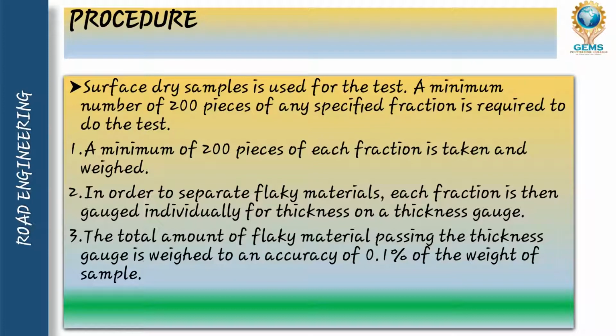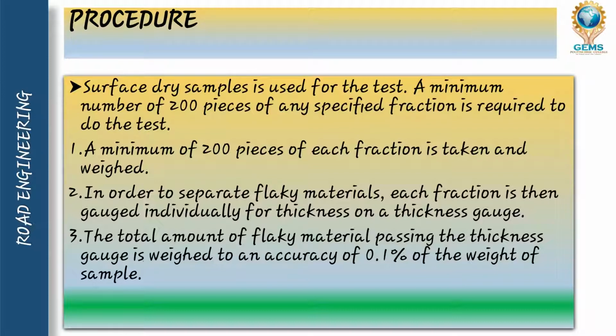In this procedure, we should take a sample after drying it for 3 to 4 hours. After drying it, the sample should contain at least 200 pieces of aggregate of any specified fraction. After that, take the weight of the sample and then pass the aggregates one by one through the thickness gauge.